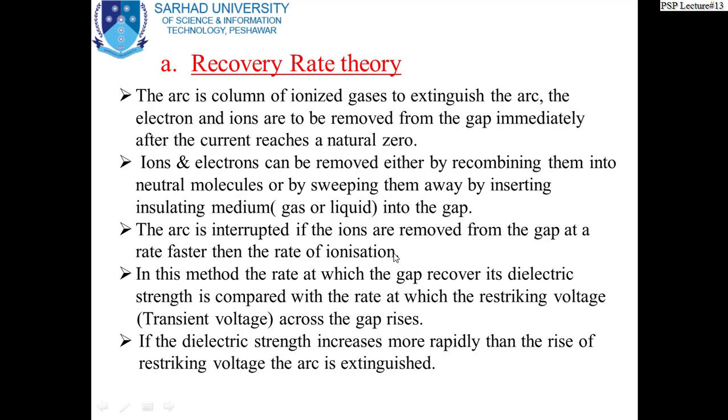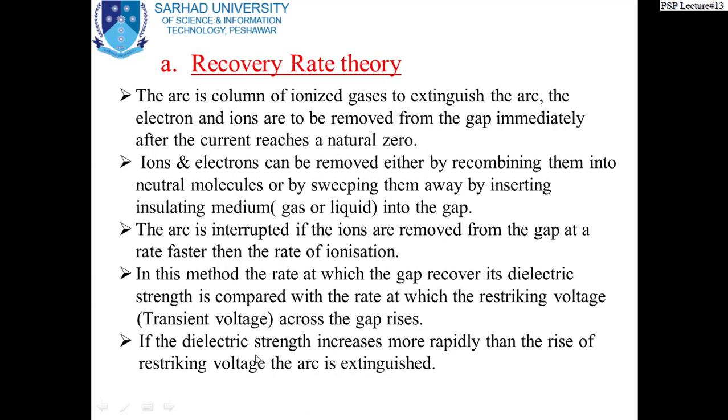Now, just listen, and then of course I will explain this point to you with the help of a graph coming. You will see that particular graph. In this method, the rate at which the gap recovers its dielectric strength is compared with the rate at which the restriking voltage, or transient voltage, across the gap rises.